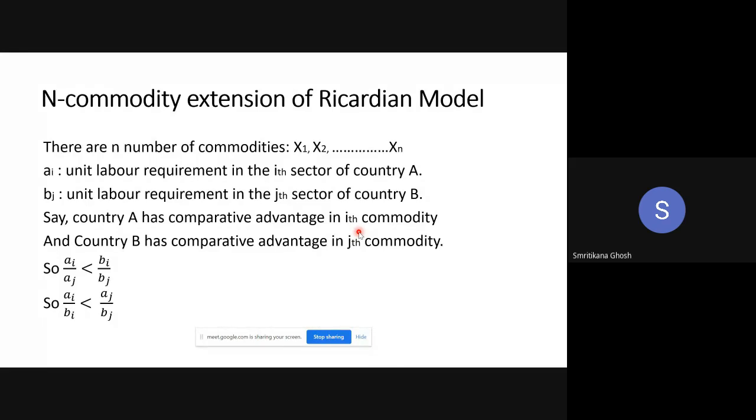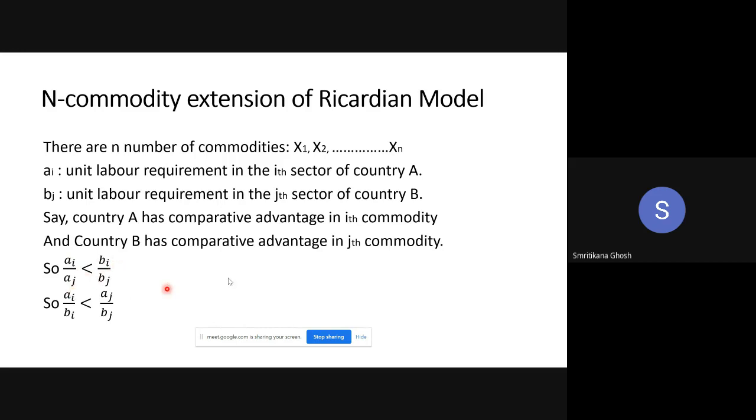Country A needs relatively lesser labor to produce the ith commodity as compared to country B. That is how you can explain comparative advantage. And this is what is written in this inequality: ai by aj is less than bi by bj.